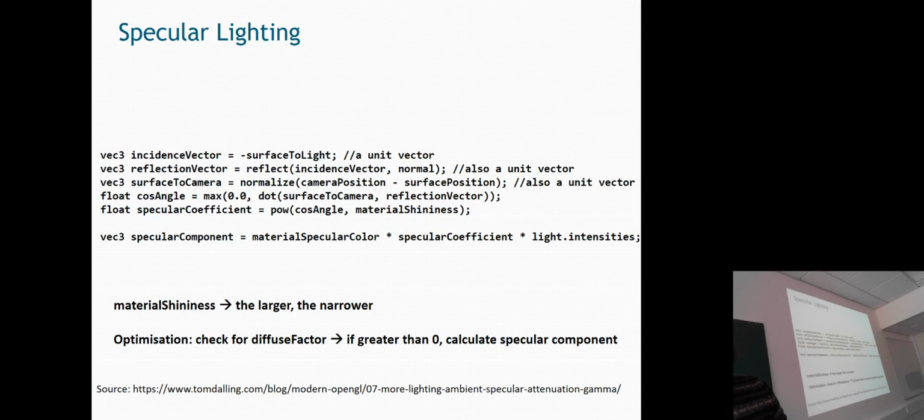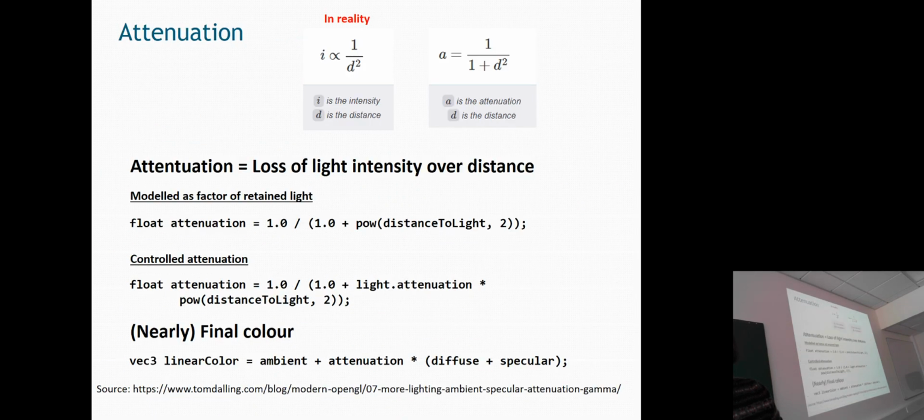Well, this is more or less it with specular and diffuse lighting. There were 2 other factors that were not included in the Phong model, but are important to consider for realistic representation. One is attenuation. The idea is that the farther the light source is, the weaker the illumination is.